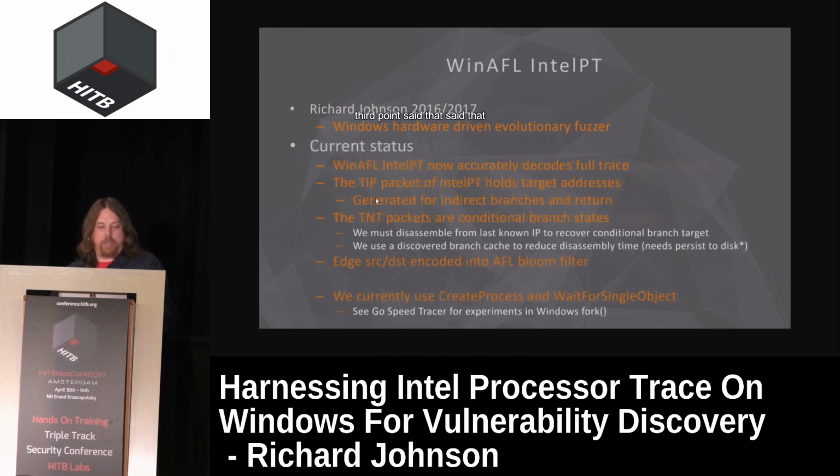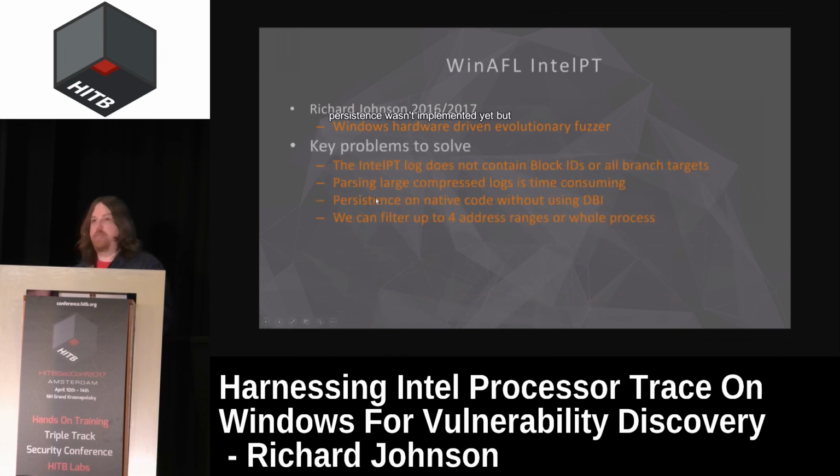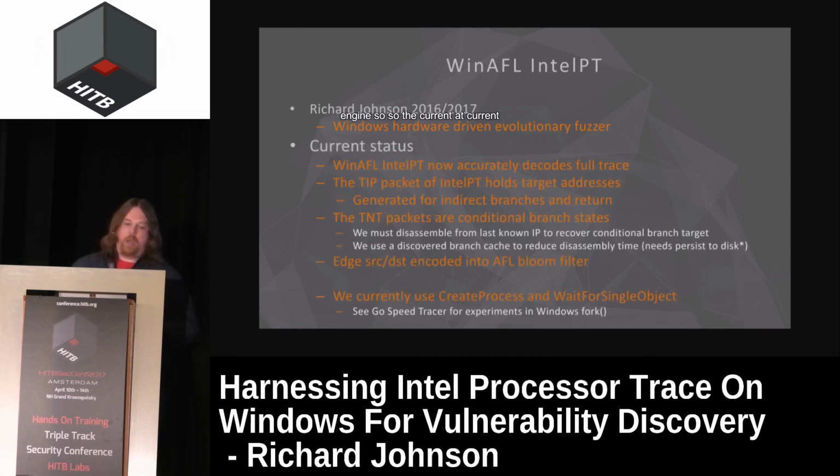Previously, this third point said that persistence wasn't implemented yet, but that's the new big feature as of today. And we can limit the code that we're tracing down to 4 ranges that are available and supported by the hardware engine. So the current status is now we accurately decode the full trace.